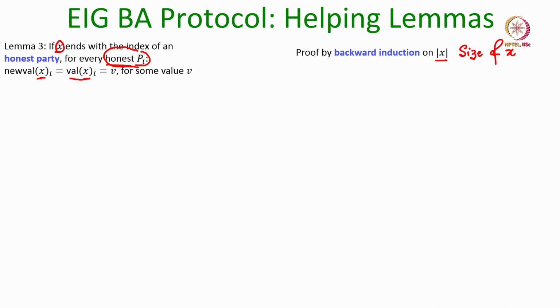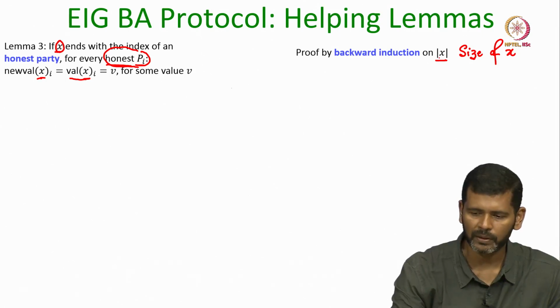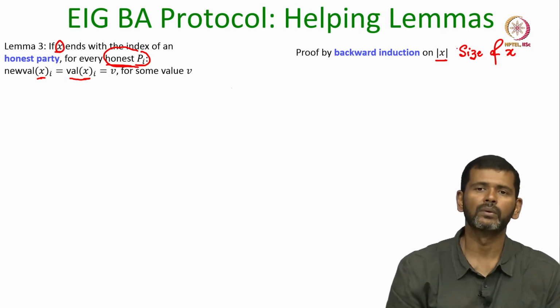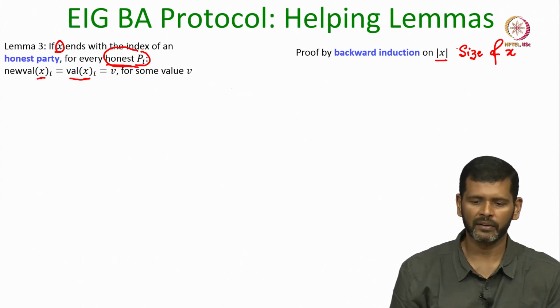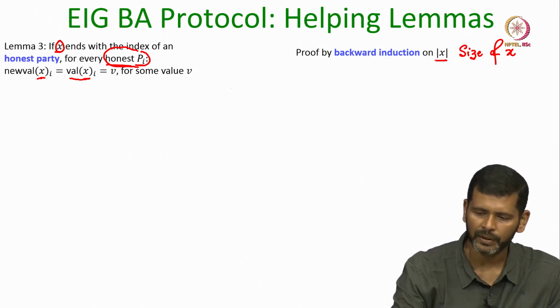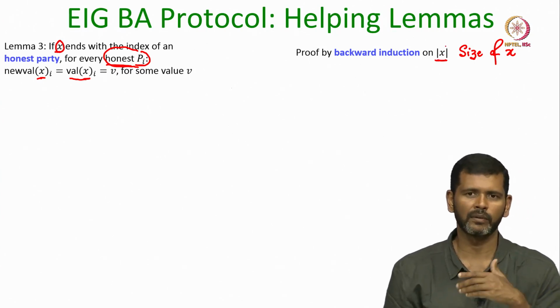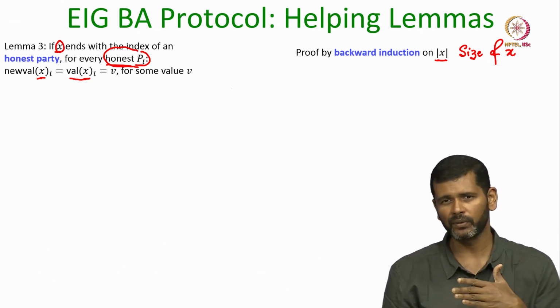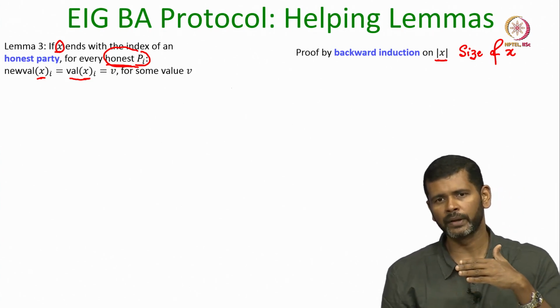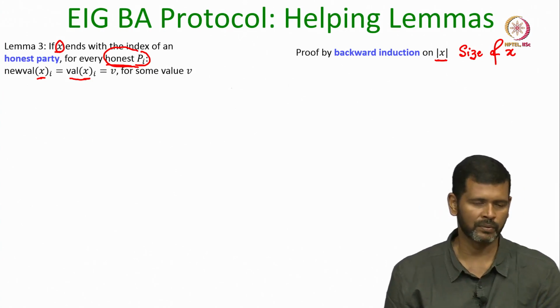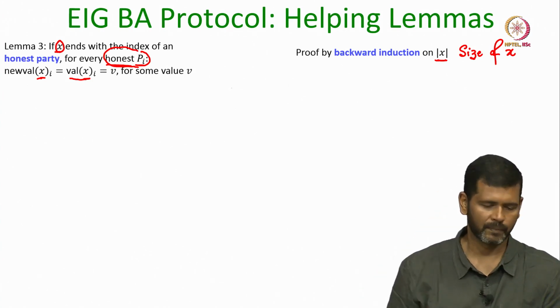So, we have to prove that this lemma holds irrespective of the position or the layer number of x. That is why, to prove it for any x, we are going to use a proof by induction, and the induction will be a backward induction. That means, we will first start with the leaf nodes and keep on going from leaf to root and prove it is true for all the layers.